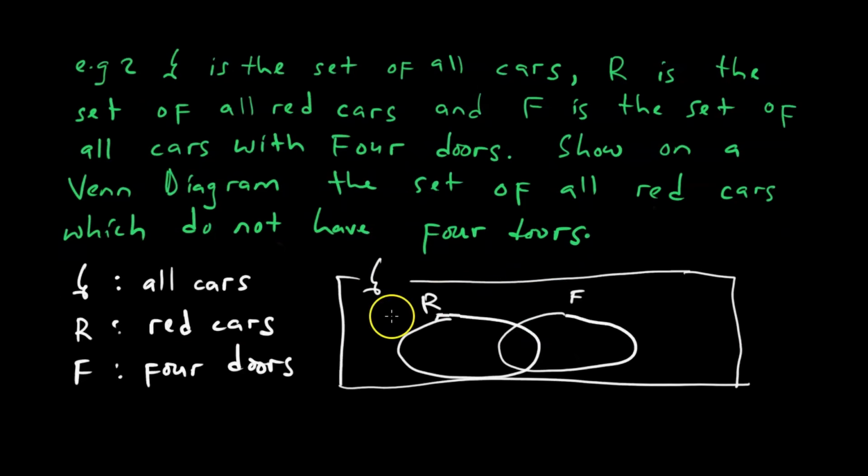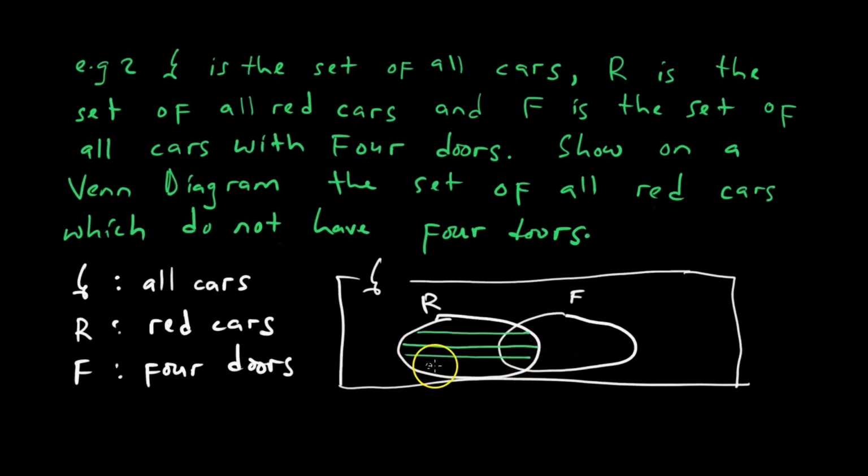So we will start by shading the region with all red cars. Remember, this includes the intersection as well. So this is all red cars. Maybe for the sake of clarity, let me use a different color. So we are shading the set of what?